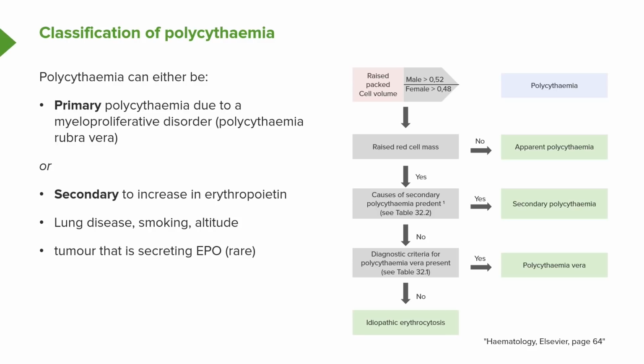Going down, you could check whether the red cell mass is truly raised, or if not, it's an apparent polycythemia. If the red cell mass is raised, are there causes of secondary polycythemia present? If that's true, it could be a secondary polycythemia. And if not, consider polycythemia vera.